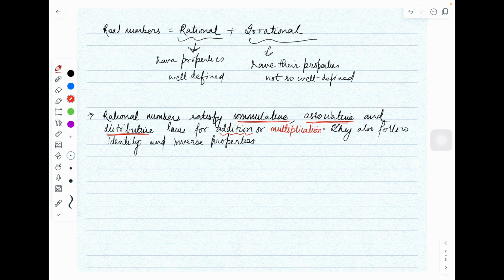They also follow identity and inverse properties. Understood? So commutative, associative, distributive, identity and inverse properties. And these commutative, associative and distributive laws are only for addition or multiplication. These are not for subtraction or division.